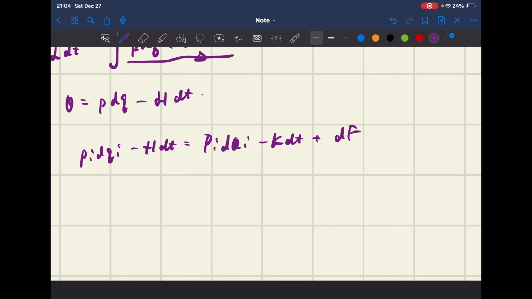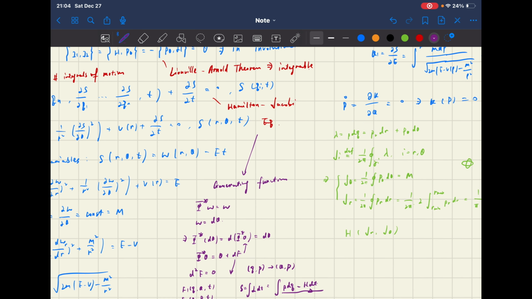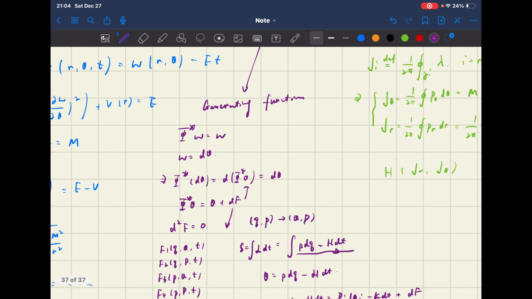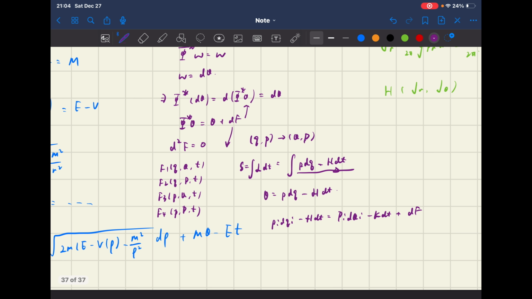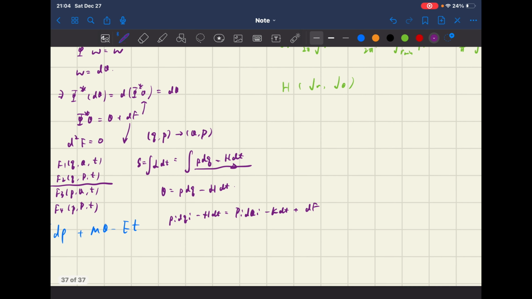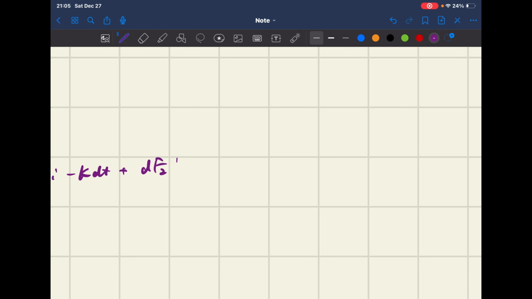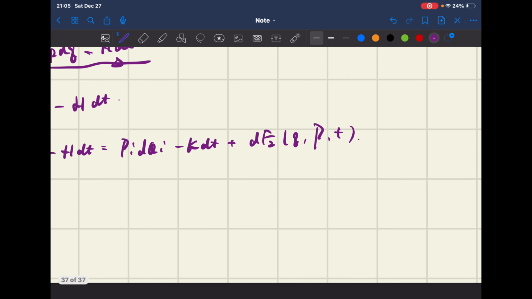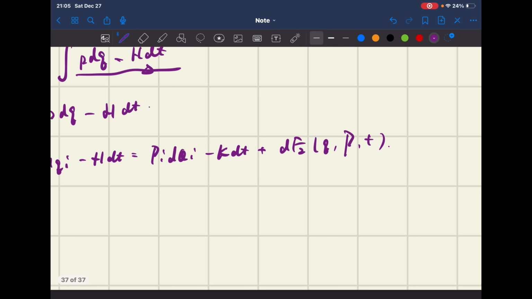So in this case, for the Hamilton-Jacobi equation, the S is actually a type 2 generating function. Let's just write it out: F2 of q, P, t, and its differential. The right hand side is expanded.